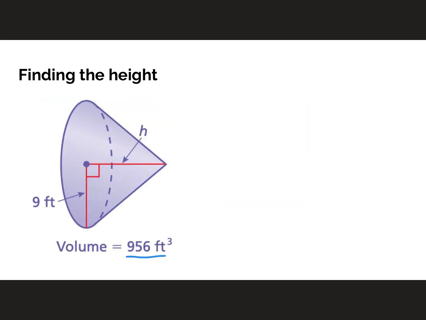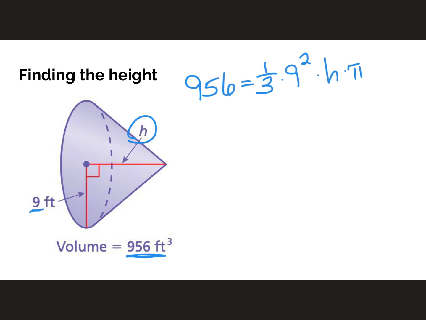This one, they've given us our volume. They've given us our radius. We are missing our height. So I have 956 equals 1/3 of 9 squared times h times pi.